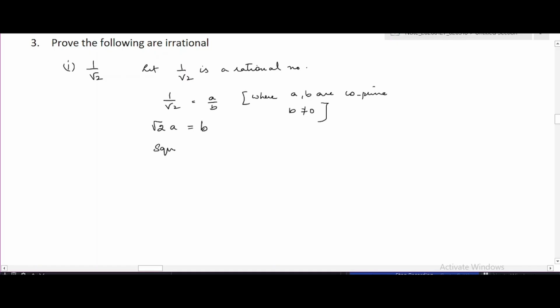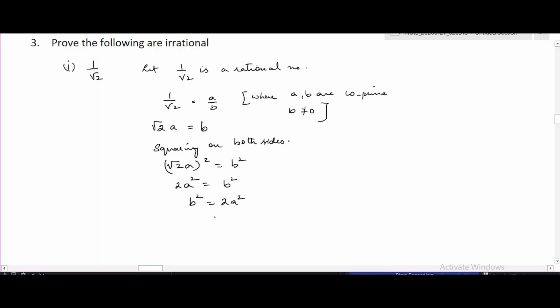Squaring on both sides, root 2 a whole squared is equal to b squared. So 2a squared is equal to b squared. You can write b squared is equal to 2a squared.